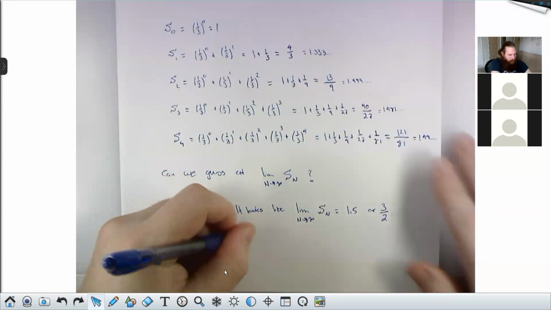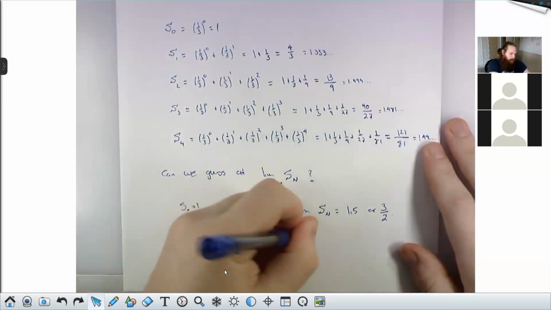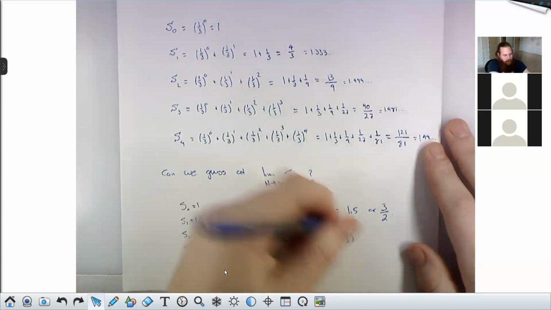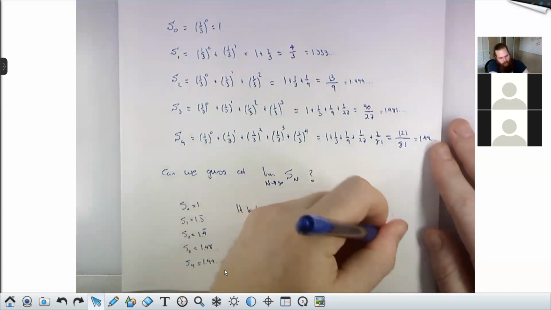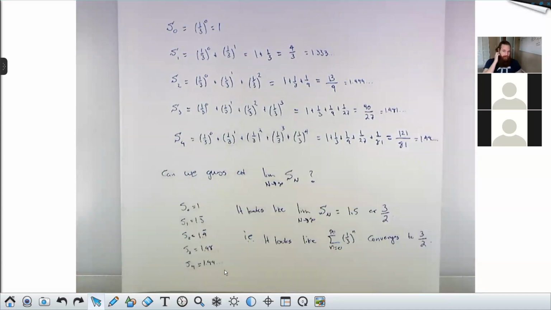In other words, it looks like my series, sigma n equals 0 to infinity 1/3 to the n, converges to 3/2. All right, that's the idea.